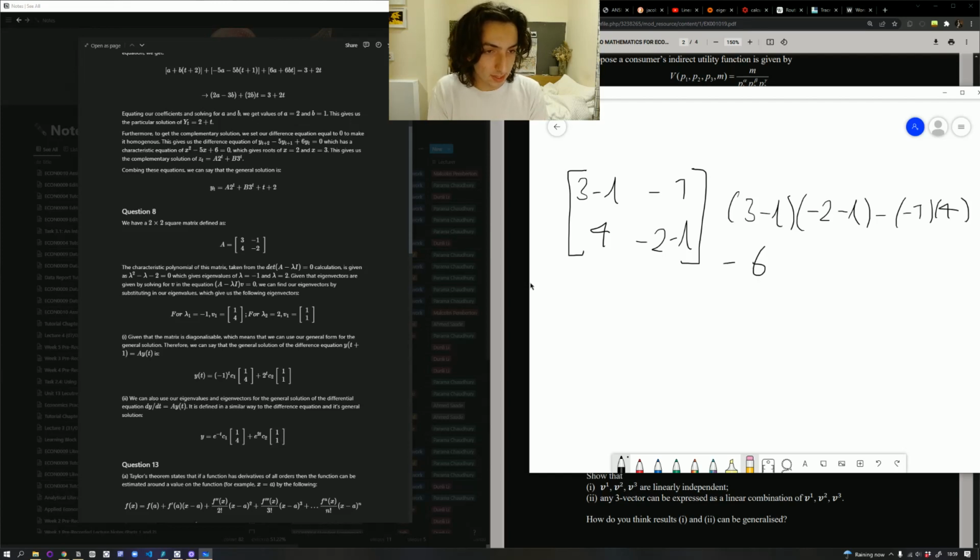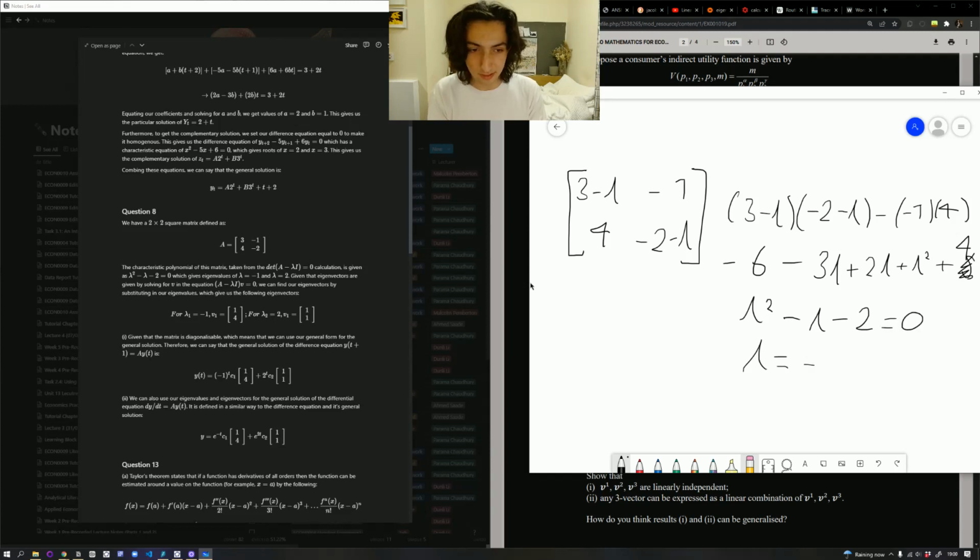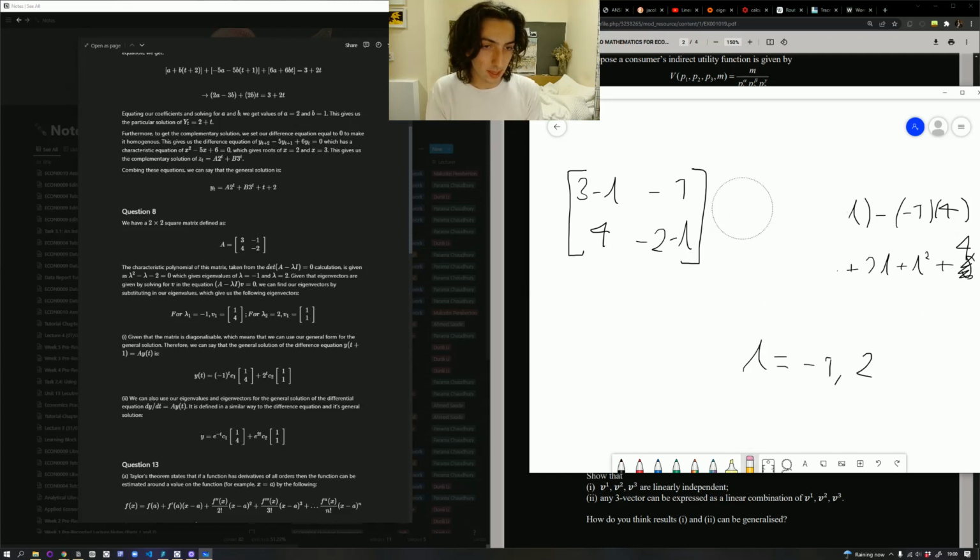In this we get -6 minus 3 lambda plus 2 lambda plus lambda squared, and then plus 4. What this ends up being is lambda squared minus lambda minus 2. Set equal to 0, this gives us lambda values of -1 and 2. Taking note of those values, we sub them back in.